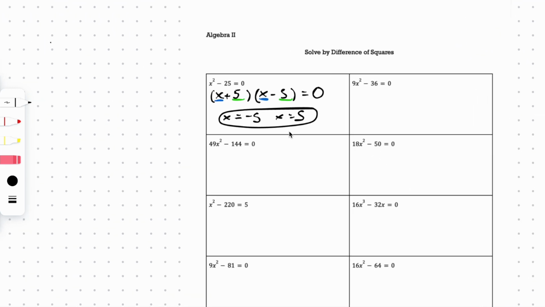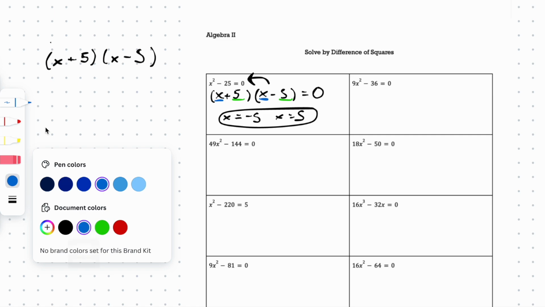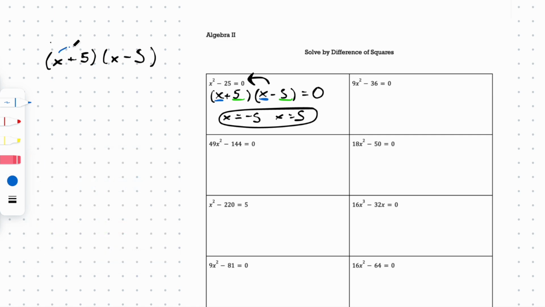Now I'm going to FOIL this out, going from our factored form to our standard form, to show you why this works. So we have x plus 5 and x minus 5. First we want to multiply these x's.